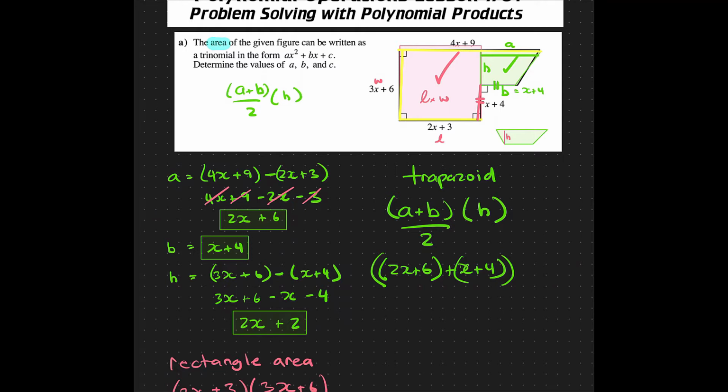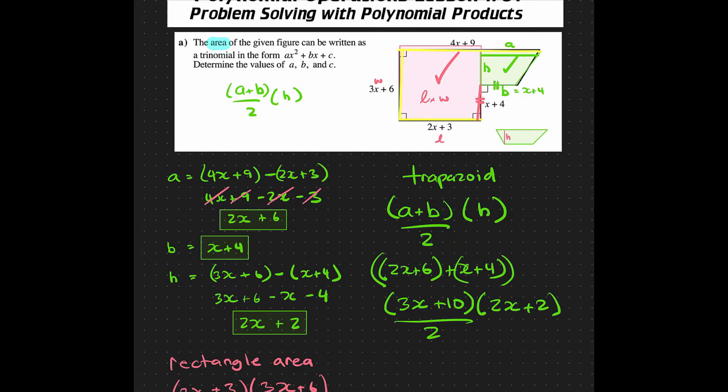So 2x plus x is going to give me 3x, and I've got a 6 plus 4, which is going to give me a positive 10. Okay, and that can stay inside the brackets right there. And I'm going to have to divide by 2 and multiply by h, which is 2x plus 2.